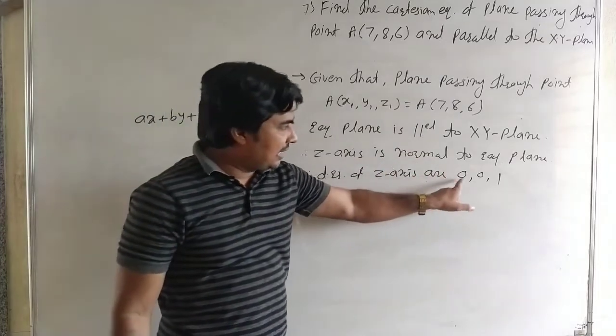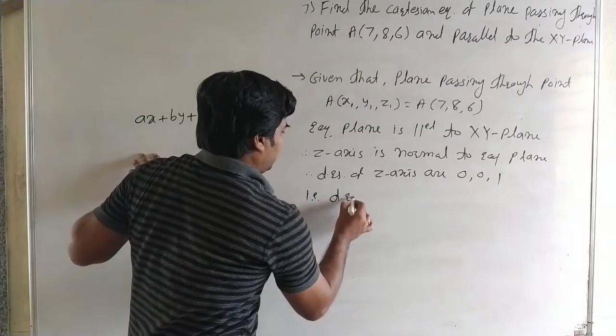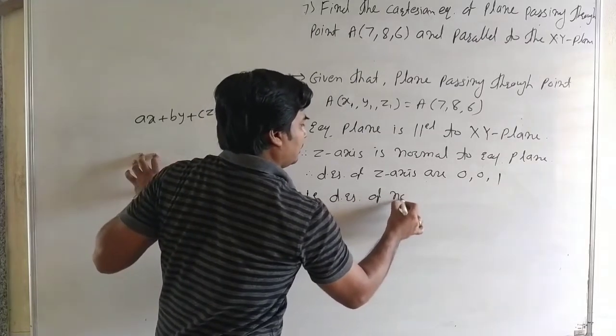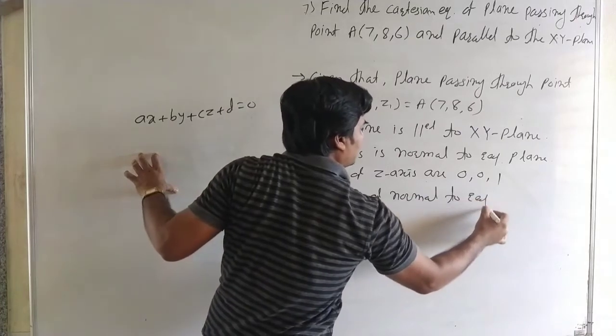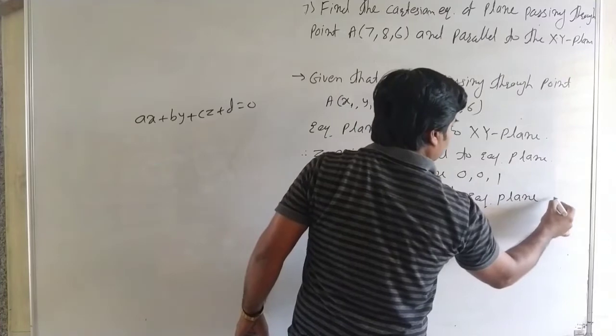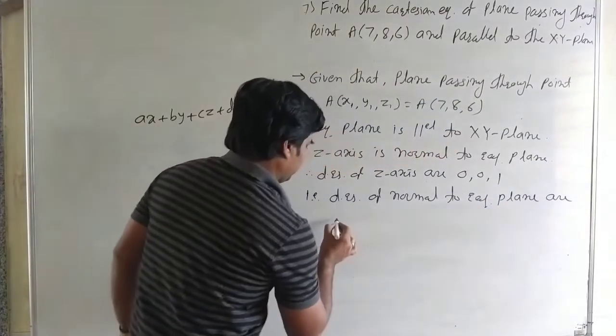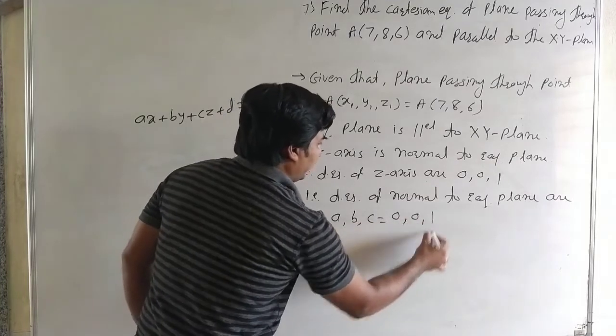That means the direction ratios of the normal to the required plane, A, B, C, are 0, 0, 1.